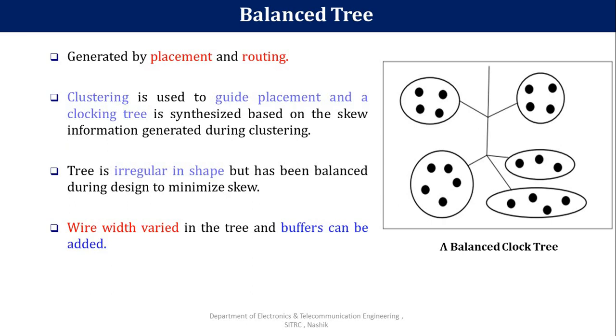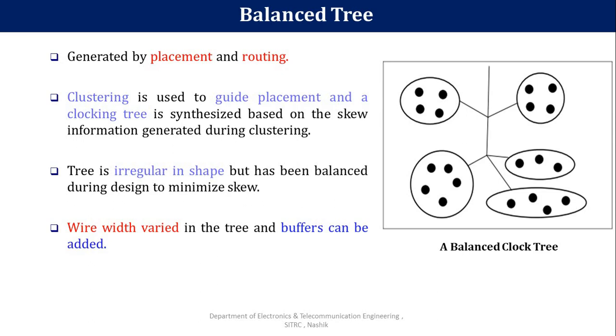It is irregular in shape because we are doing the clustering, and in clustering the number of components may vary. Okay, and hence because of this its shape will be irregular, but it has been balanced during the design to minimize the skew for the same type of elements. Here wire width is varied in the tree and buffers can be added.